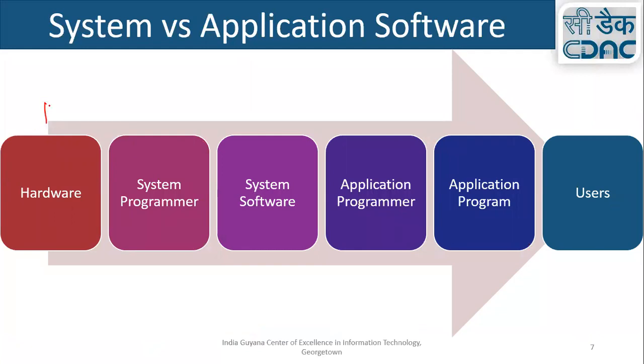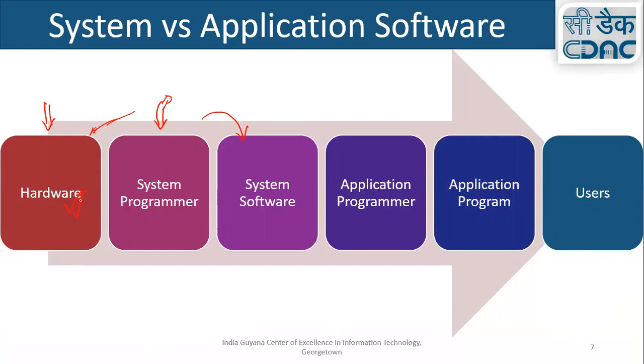So you have your hardware. System programmers utilize this hardware to write system software. So if you are a system programmer creating system software, you must have knowledge of hardware.